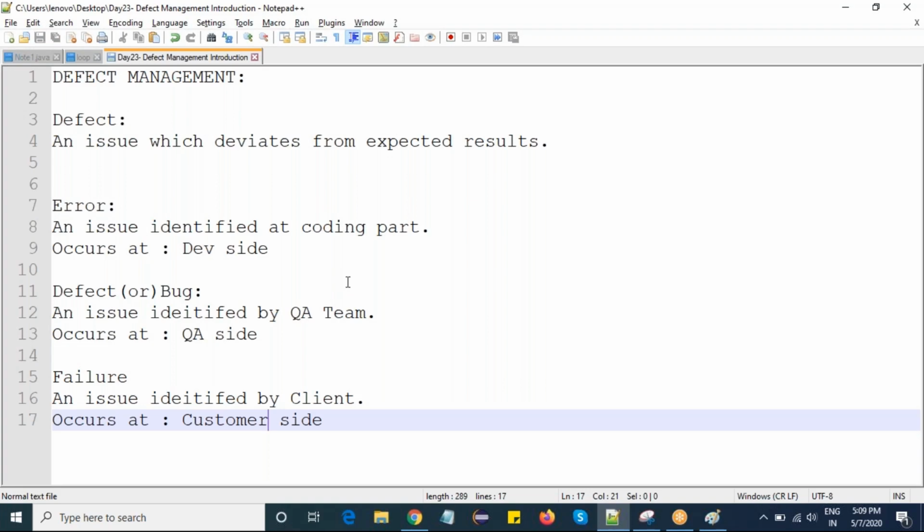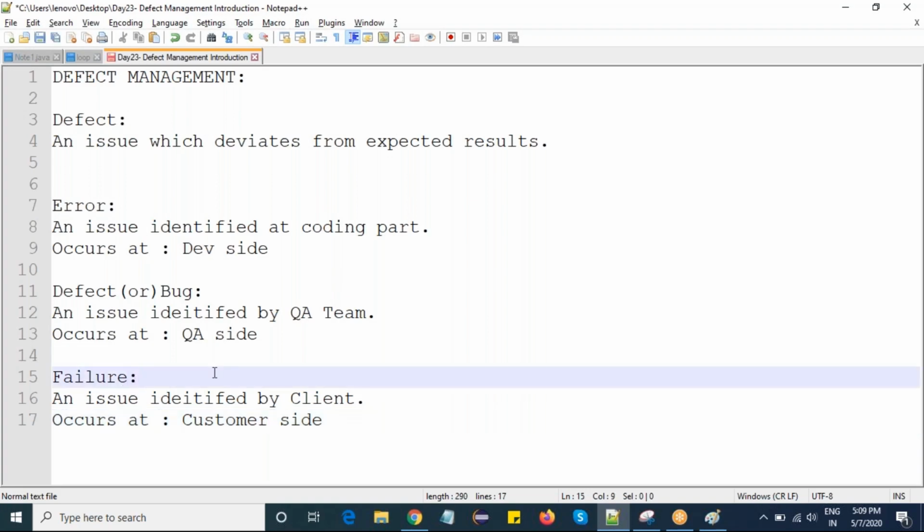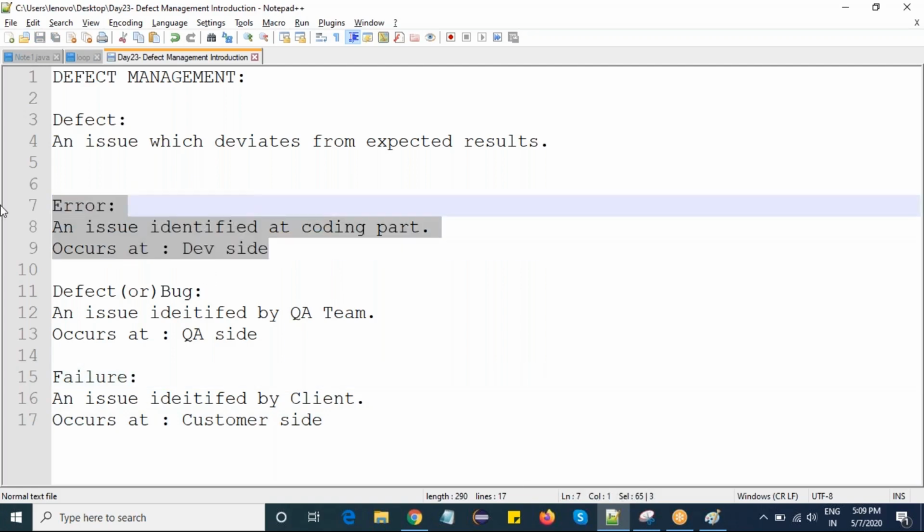So now tell me, is an issue occurring at the customer side better, at the developer side better, or at the QA side better? An issue occurring at the developer side is always better, because if the developer writes proper code, then the defects will be minimal.